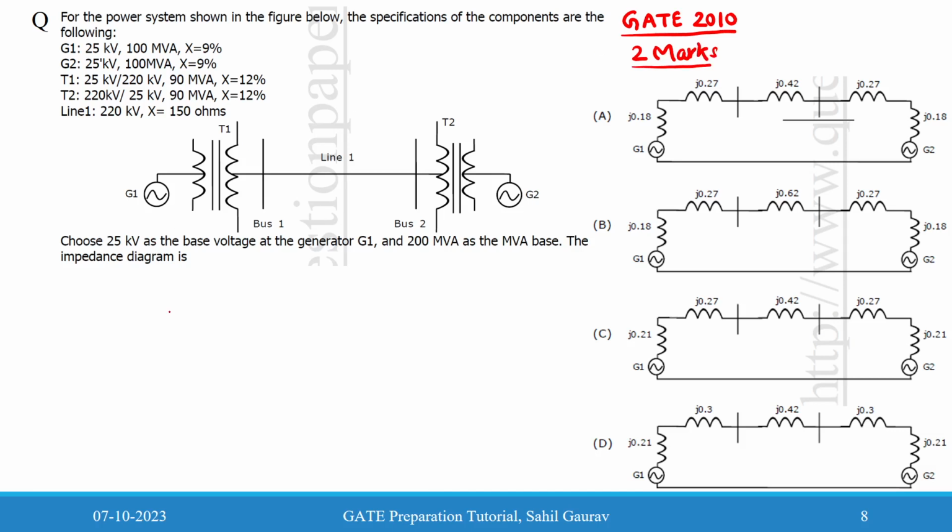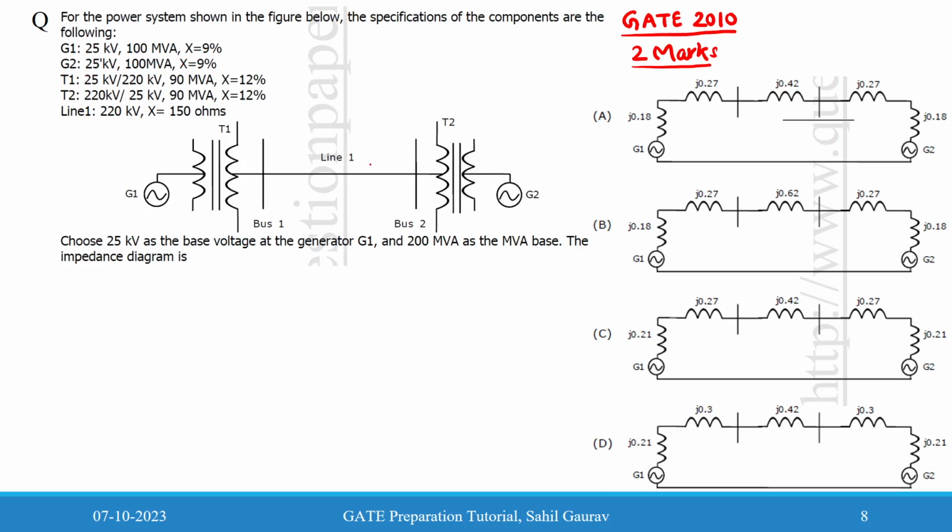In this problem, we are given a power system shown below and the specifications of the components are the following. These are all rated values. For generator 1, 25 kV is the rated voltage and 100 MVA is the rated apparent power. The synchronous generator reactance is given as 9%, and for generator 2 similarly it is given.